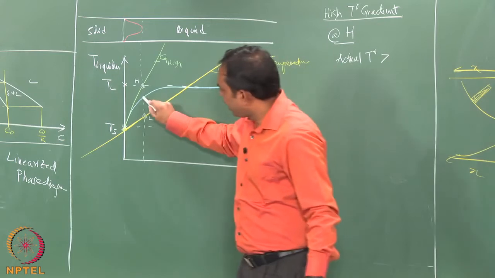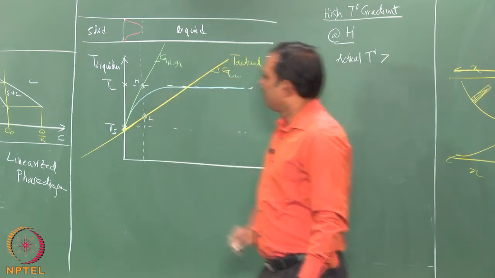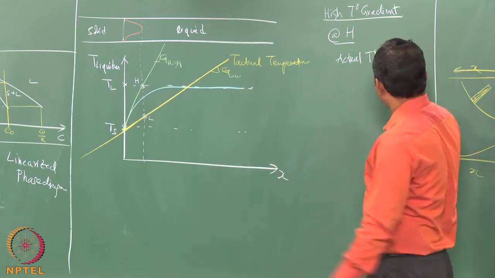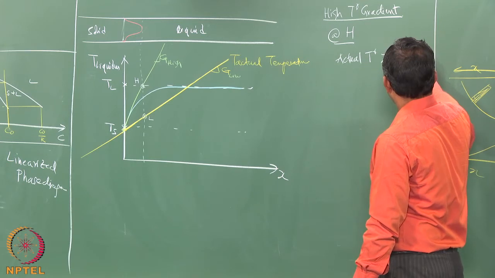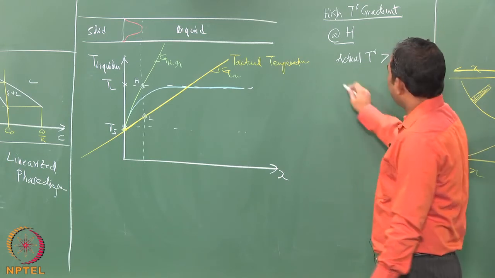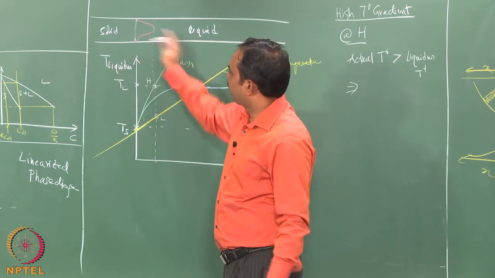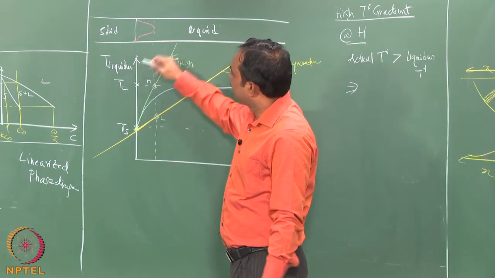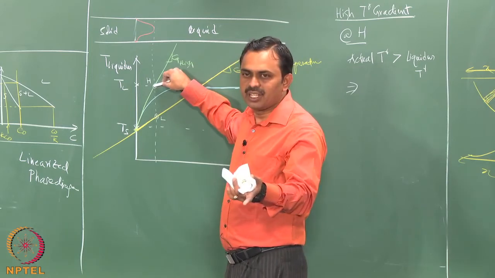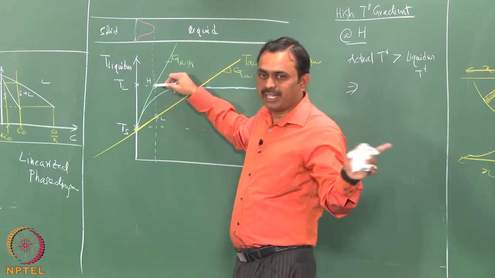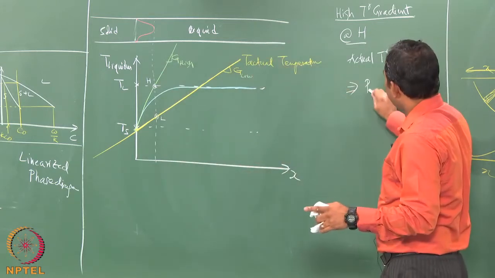You can see that the blue line is below the green line, which means that the actual temperature is higher than the liquidus temperature. So, this implies that this solid which happens to get perturbed and then get a bulge is finding itself at a temperature that is supposed to be in a fully liquid region. So, the solid is not stable, it is supposed to melt back. So, it means that the bump or the perturbation melts back.